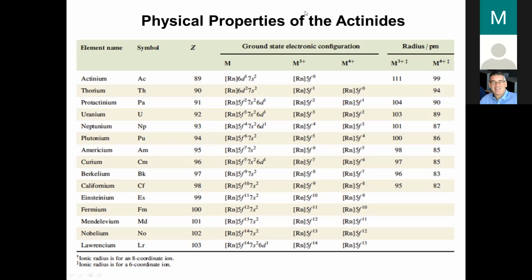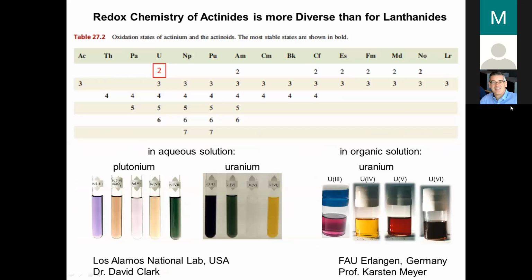Okay, wonderful. If there are no further questions, we can proceed. From the ground state electron configurations, let's move over to something very dear to my heart, the redox chemistry of actinides, which is represented on this chart by the most stable oxidation states and the accessible oxidation states for the different elements.